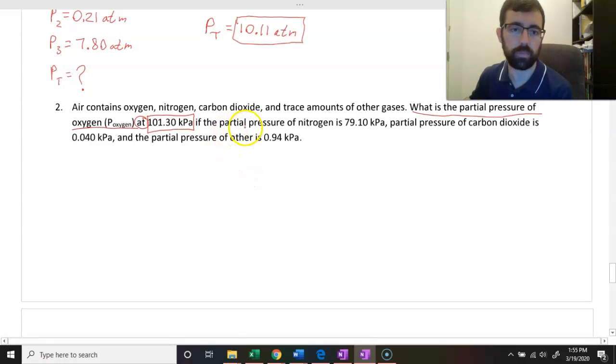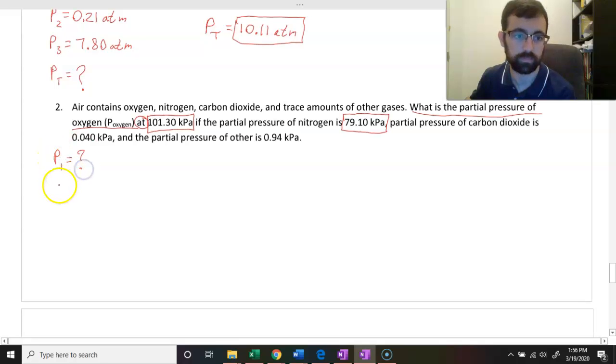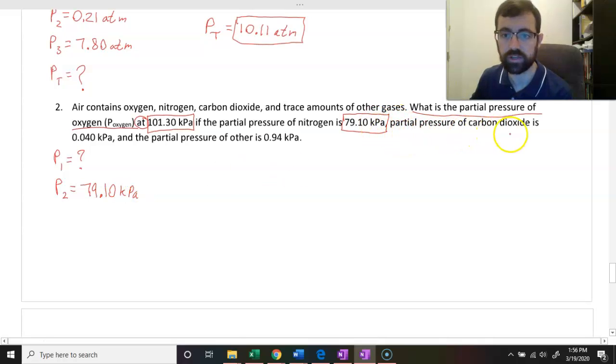It says if the partial pressure of nitrogen, so that's going to be another partial pressure. So let's label these. The first pressure is what I'm looking for: the pressure of oxygen. Call that P1. P2 is nitrogen, 79.10 kPa. And then it says the partial pressure of carbon dioxide.